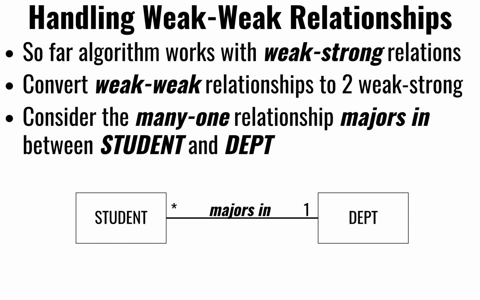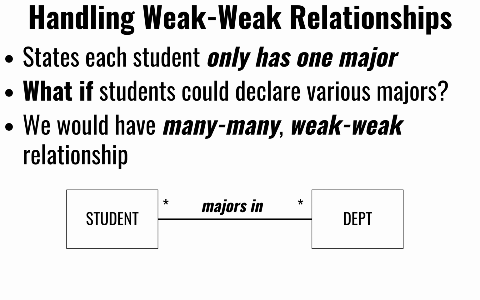All right, so what if you have a case where you have a student in a department? In our specification, a student could possibly be enrolled in one single department. You can only be in one department. But what if the specification had said that we would allow you to be enrolled in multiple departments?